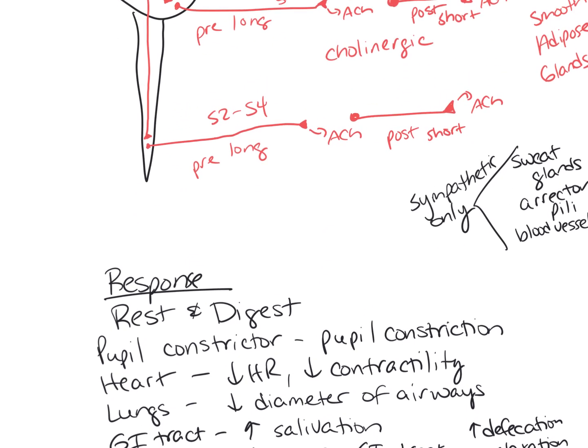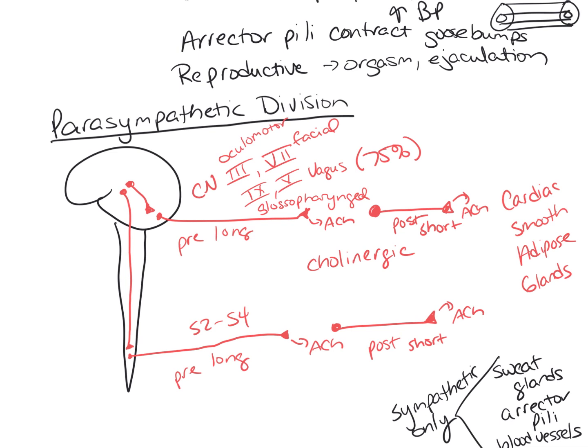With the parasympathetic nervous system, there are two different types of receptors. One is called a muscarinic receptor, and those are basically on all of the effectors. So all those effectors have muscarinic receptors on them. And then there is a nicotinic receptor.